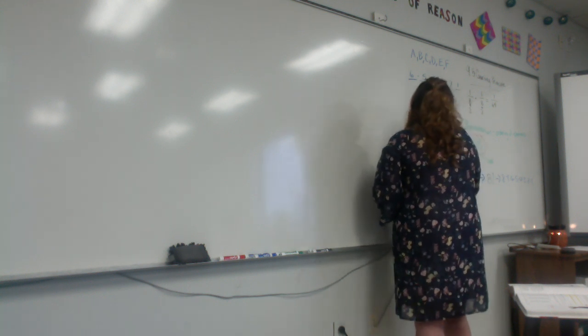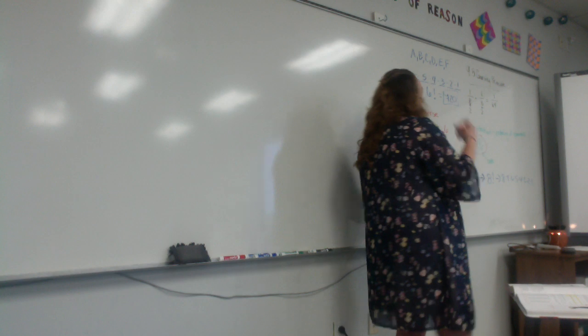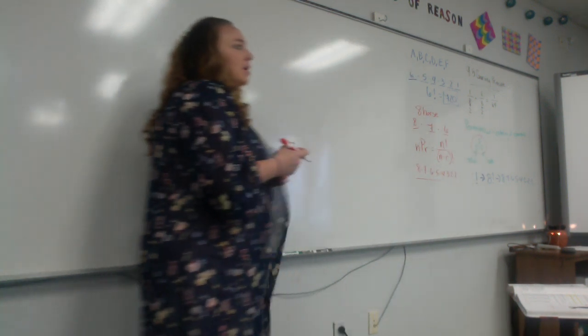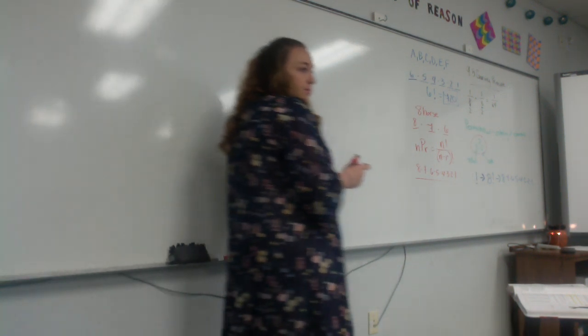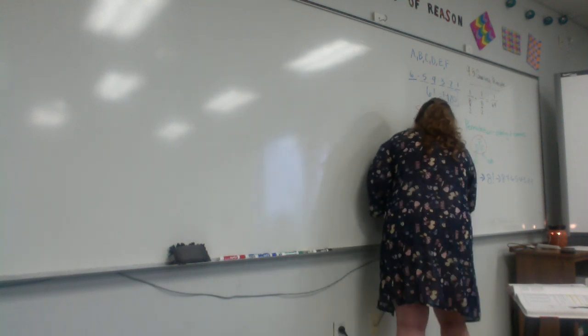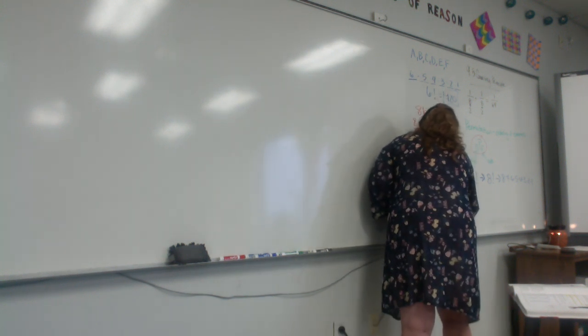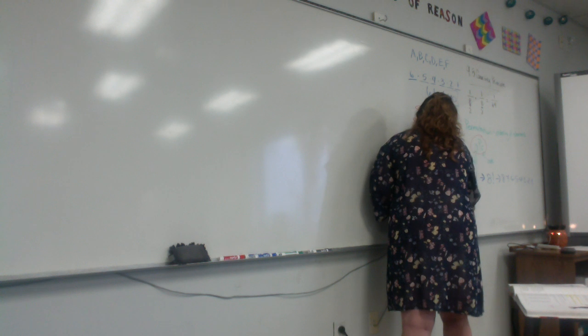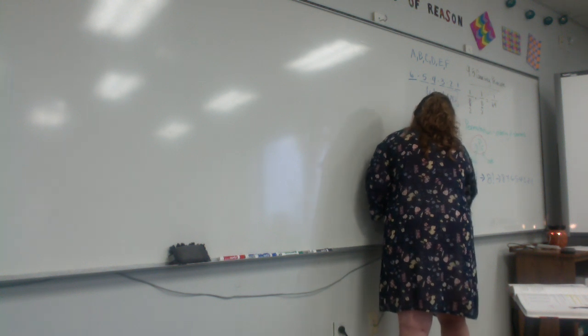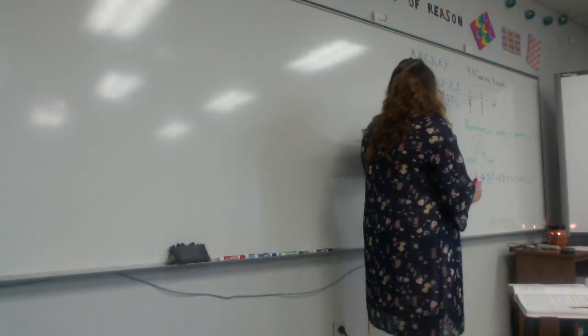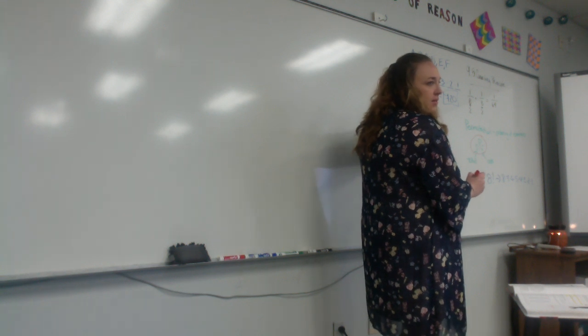On bottom, I have 8 minus 3, since there are 3 positions. So 8 minus 3 is 5, yes? So on bottom, I would have 5, 4, 3, 2, 1. Well, all of these cancel, leaving you with 8 times 7 times 6.